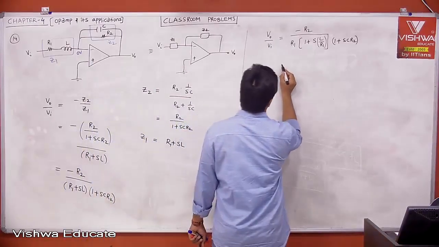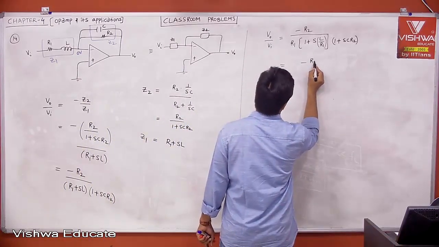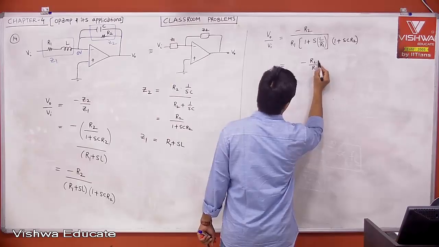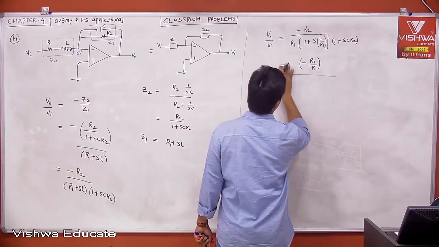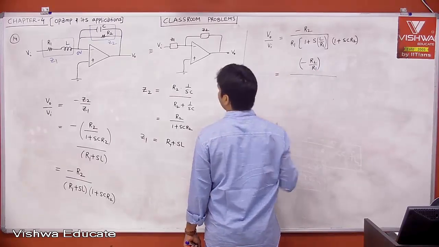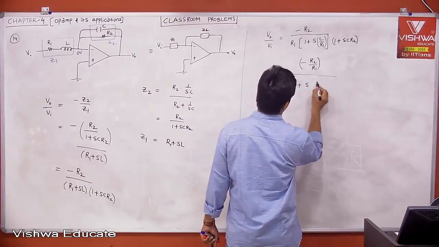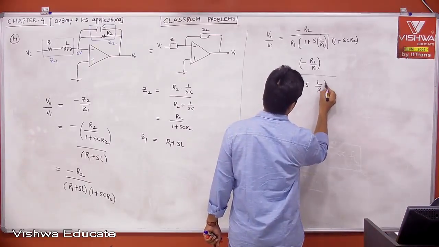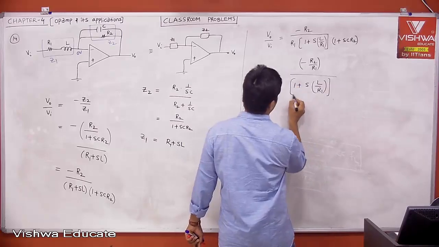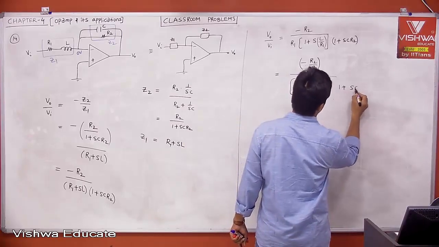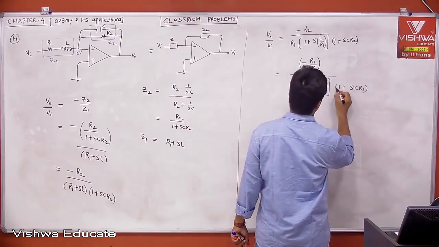Then this is nothing but minus R2 by R1 divided by 1 plus S into L by R1, 1 plus S into C into R2.